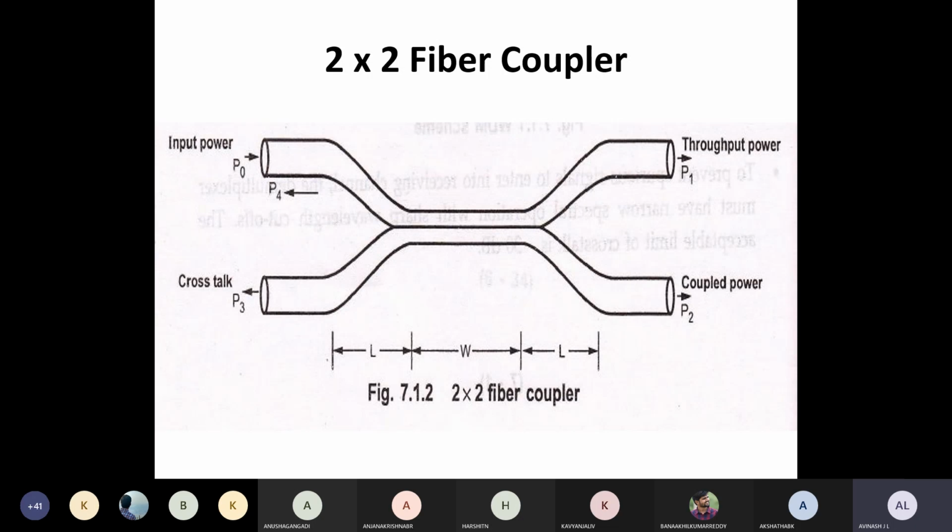L represents the length of the fiber which is bent, and W represents the width, which is straight. Once again, L represents the length of the fiber which is bent to the port. There are 4 ports, 2 cross 2: 2 on the input side and 2 on the output side.